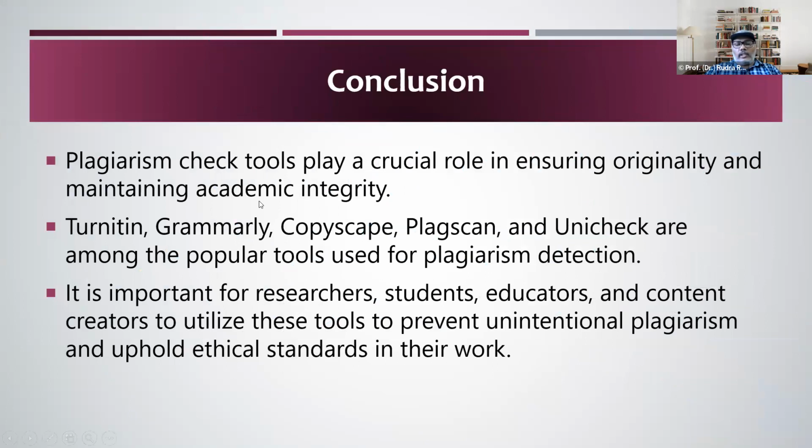So I think we have discussed a lot about plagiarism, different nuances, different scenarios I have discussed at different points and elaborated the best way I can. But if there is some repetition, please accept my apologies. Right. So the conclusion is plagiarism check tools play a crucial role in ensuring originality and maintaining academic integrity, and I have focused on these main five plagiarism tools among the other popular tools like Turnitin, Grammarly, Copyscape, Plagiarismscan, and Unicheck.